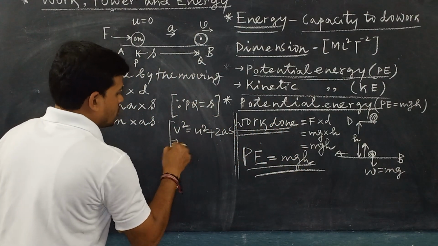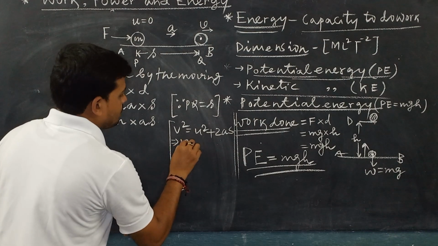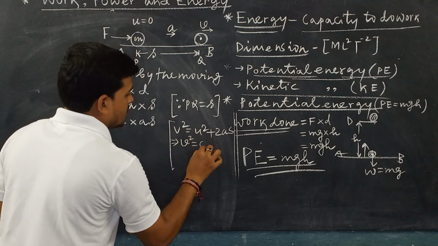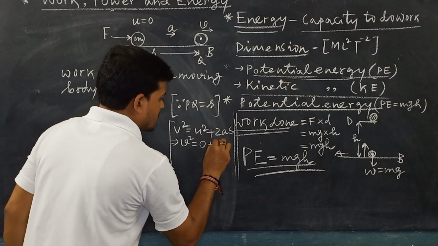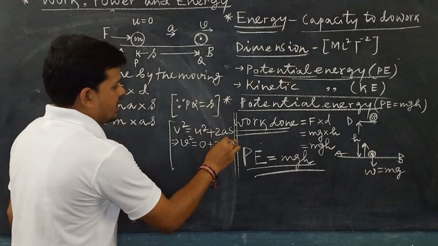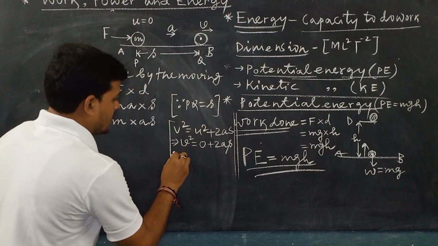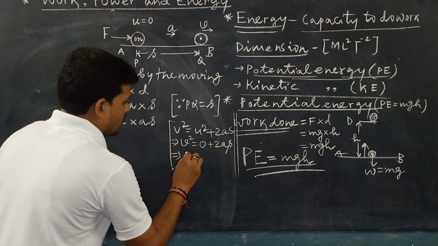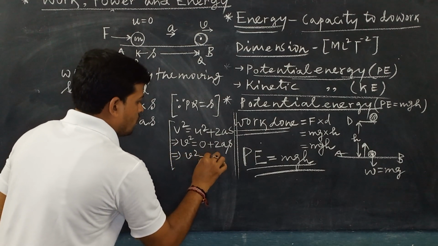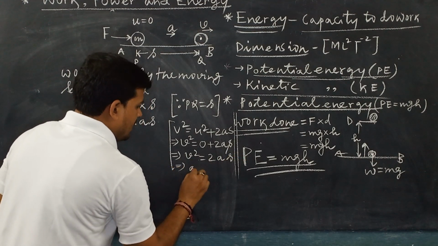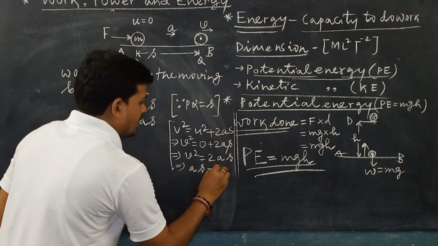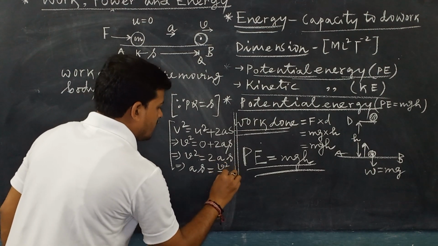Now the velocity of the body becomes v, and the initial velocity is 0, since initially the body is at rest: u equal to 0, plus 2as. Here also the displacement is denoted by the small s. Therefore, we can write v square equal to 2as, or simply as equal to v square by 2.